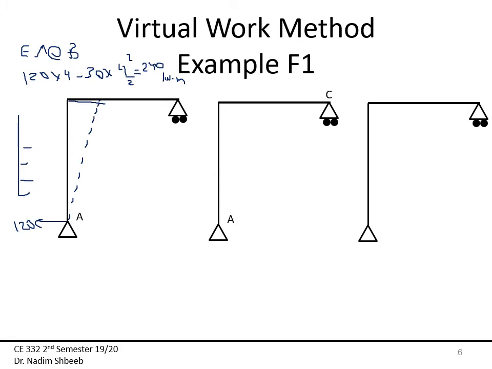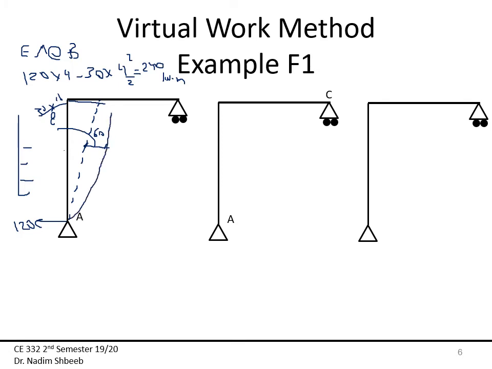Then I'm going to use the dotted line. Then at the middle, from here, I'm going to go wL squared over 8, which is 30 times 16 over 8, and that value is 60. Now this is going to be 240 divided by 2, which is 120, plus 60, so this value is going to be 180.